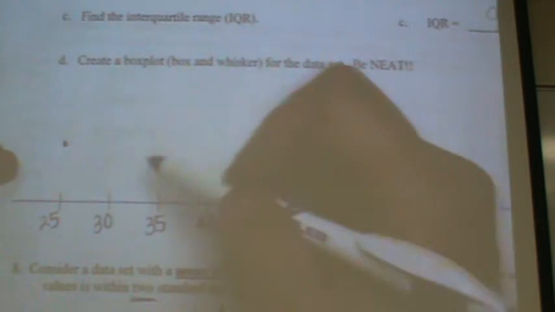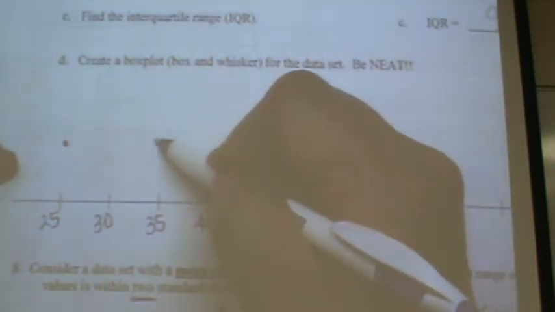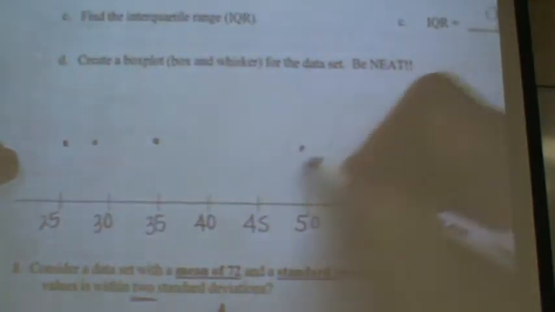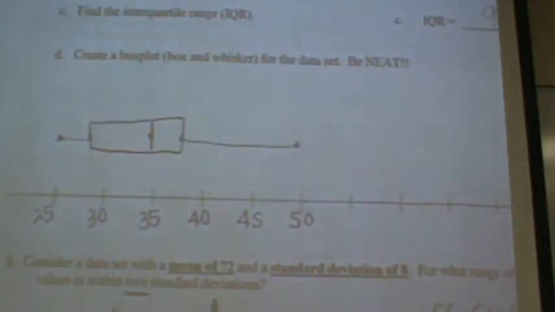Your median is 34. Your first quartile is 28 and 37. So this is what the box should look like. Just like that.